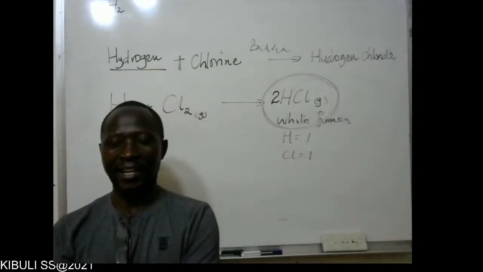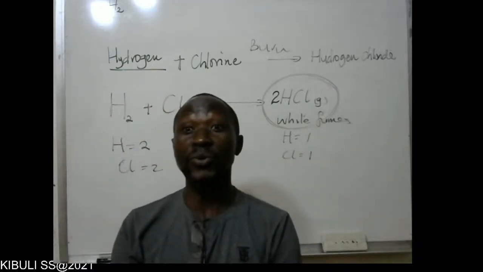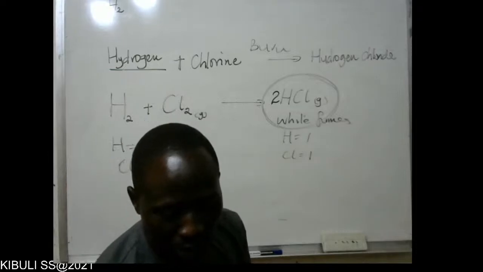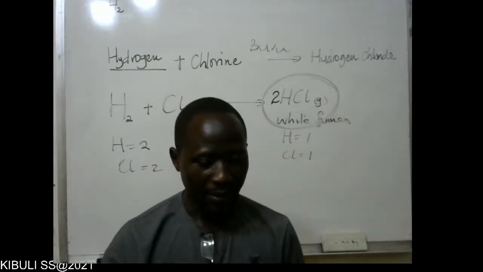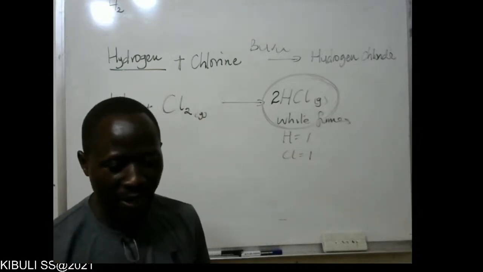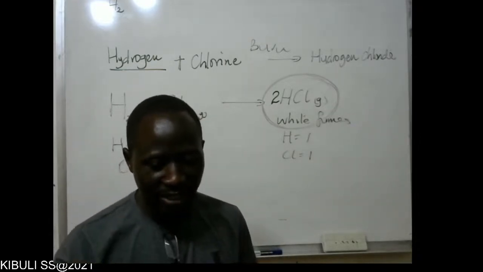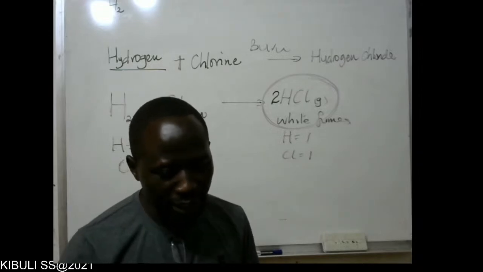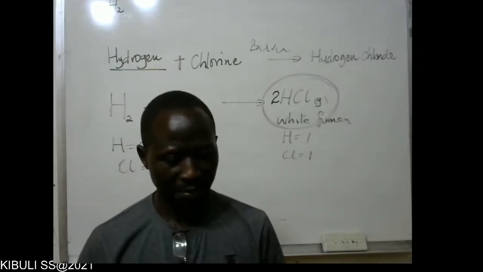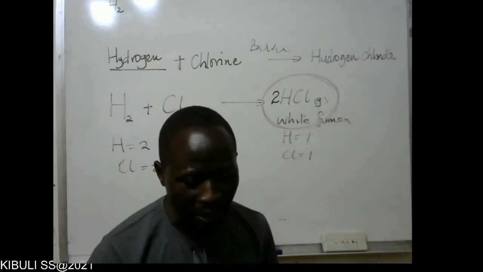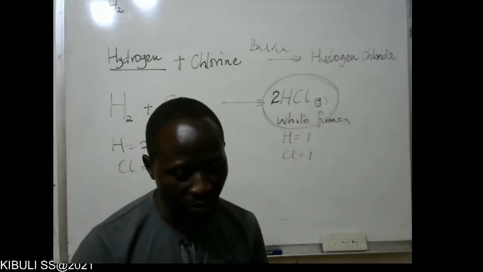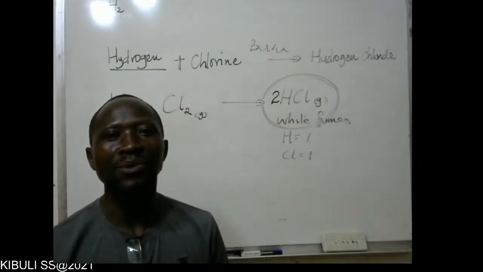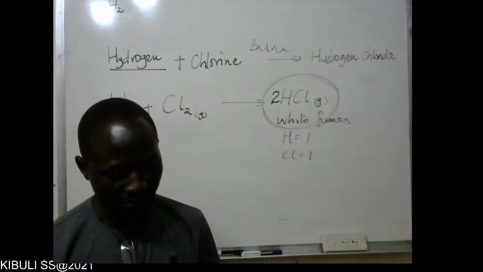And if you check the notes that I asked you to download, we shall have the following: when a jet of burning hydrogen is lowered into a jar of chlorine, it continues to burn, forming steamy fumes, white fumes, and these are white fumes of hydrogen chloride.